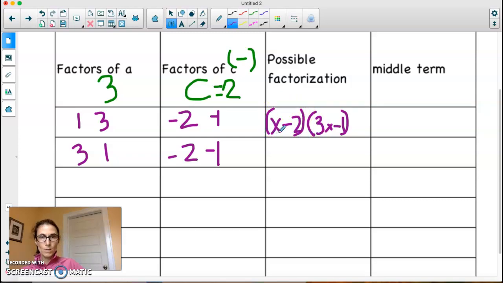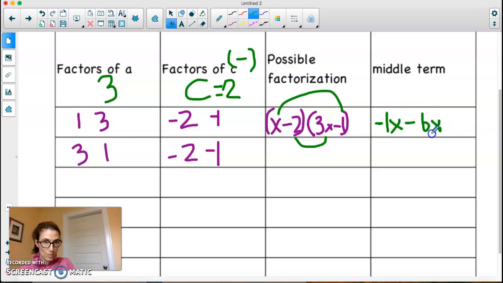So we're going to use our outers and our inners. We have x times -1, which is -1x. And then -2 times 3x gives us -6x.